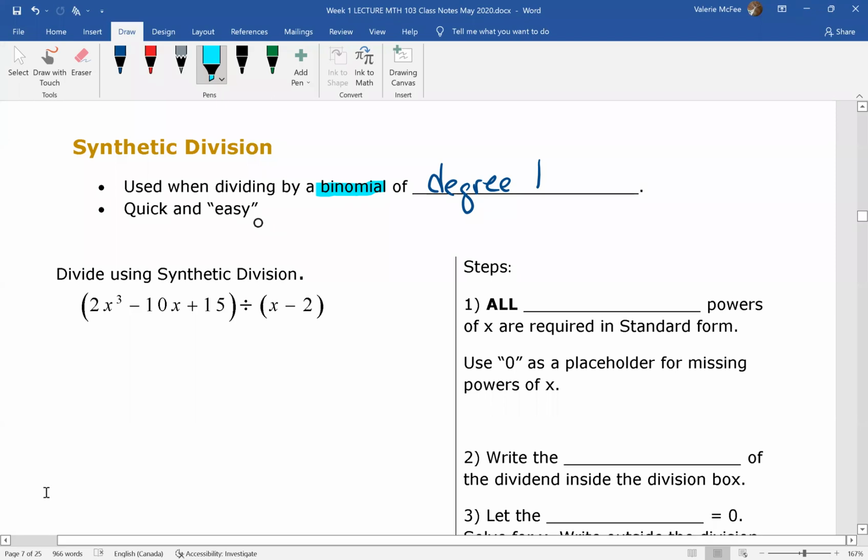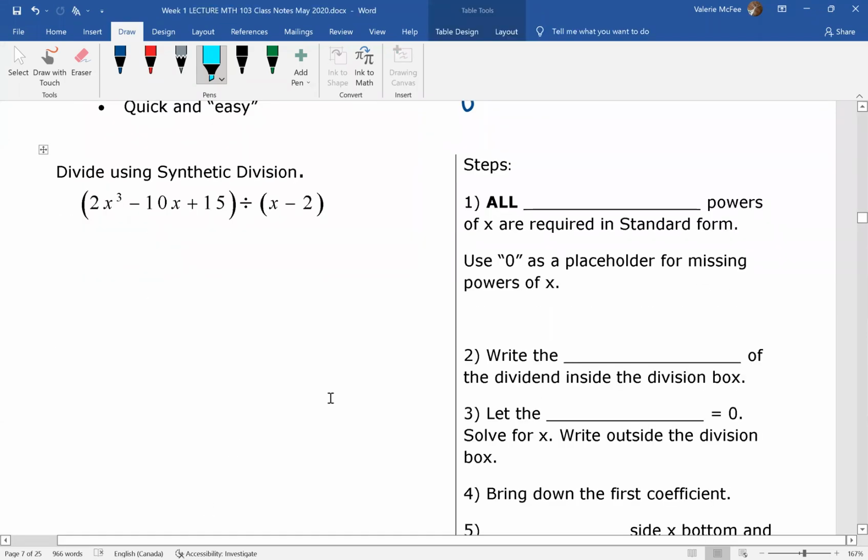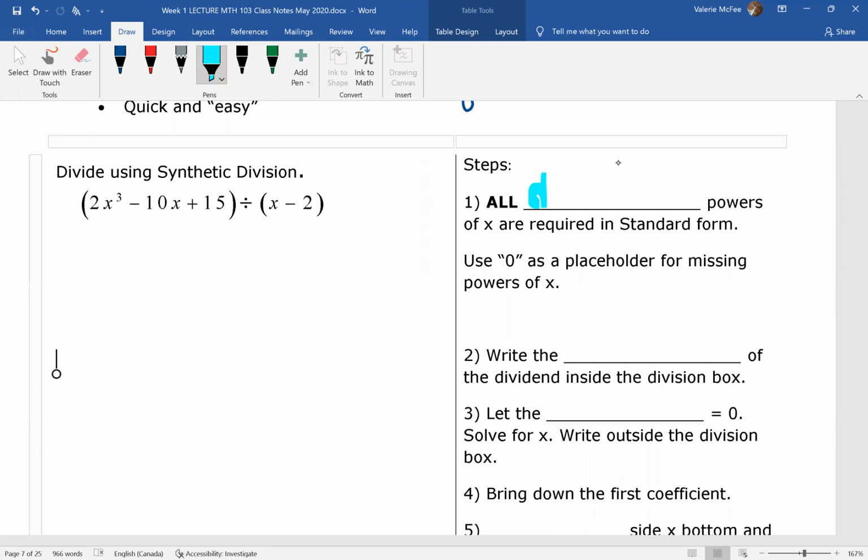All right, let's continue with these steps for synthetic division. Again, just like in polynomial division, all descending powers of x are required. That means we're starting with your highest power of x and going down to 0.